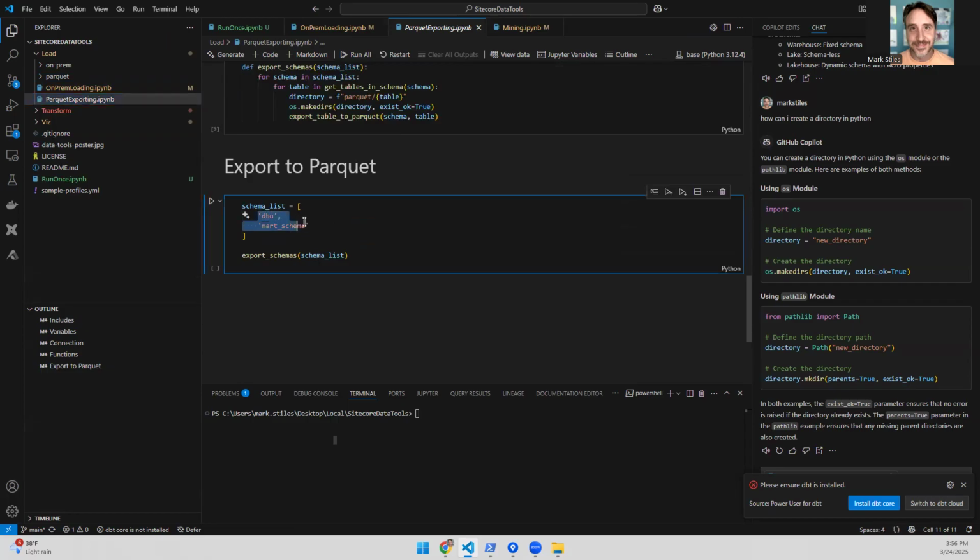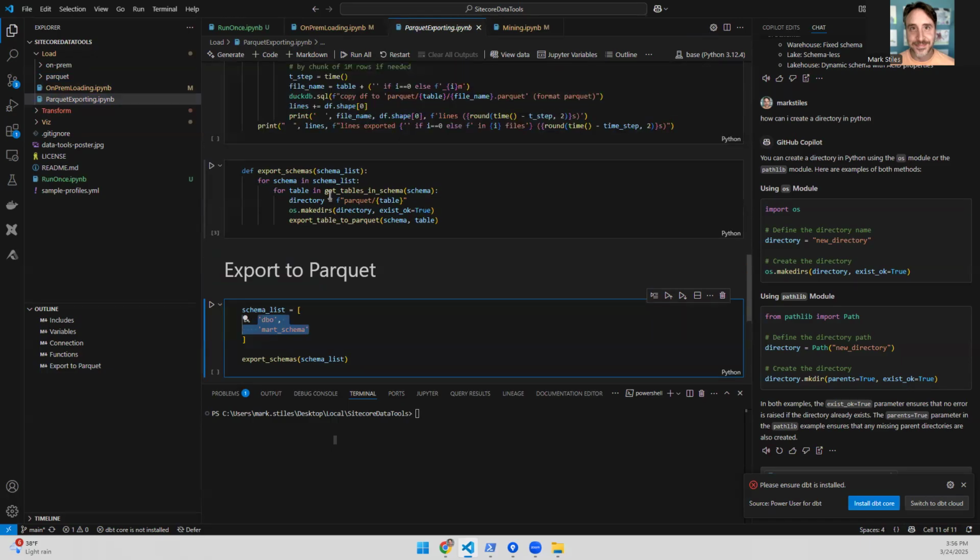And so you tell it which of the schemas in your database you want to export. In this case, I just export the tables, the other schemas are for the views that run the export. And you'll see them all, the files getting generated into this folder. But that's really a common language among data professionals, so you can use Parquet in a lot of different systems.